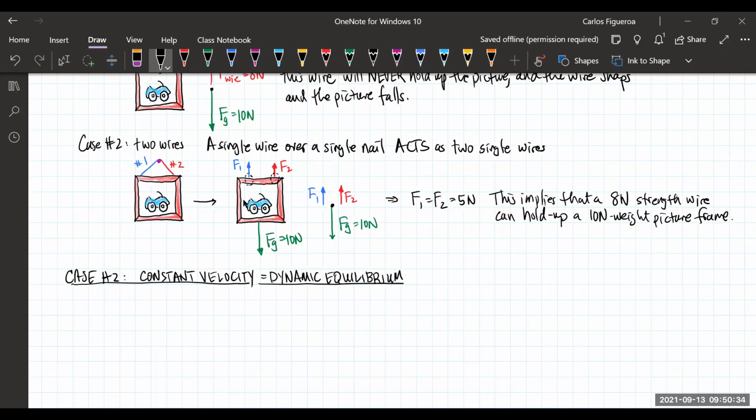Well, it must be exactly in the same way as static equilibrium. Why is that? Because velocity, if it's equal to a constant, then that implies that the acceleration is 0, which then tells us that the net force is 0. So that means, once again, forces must balance.